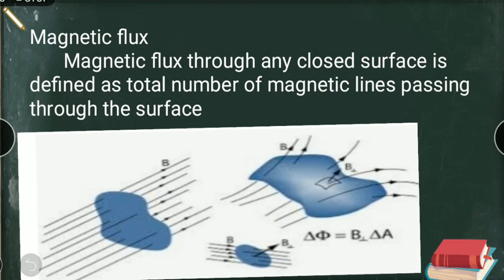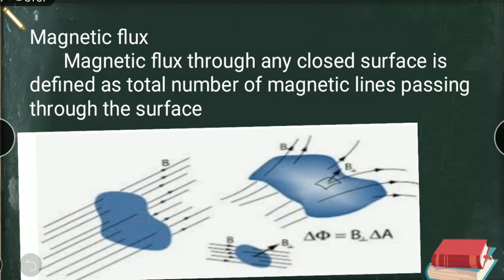Next concept: magnetic flux. In the diagram you can see an area through which a number of magnetic field lines pass. This magnetic flux is similar to electric flux.